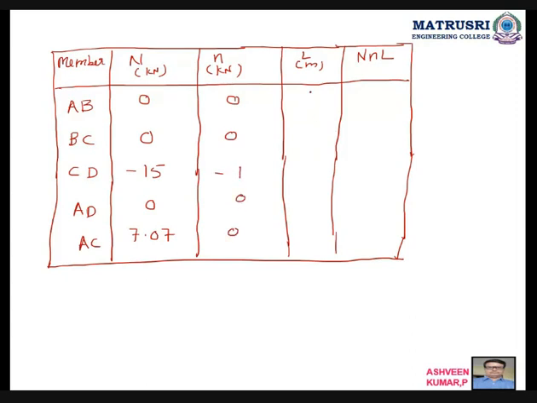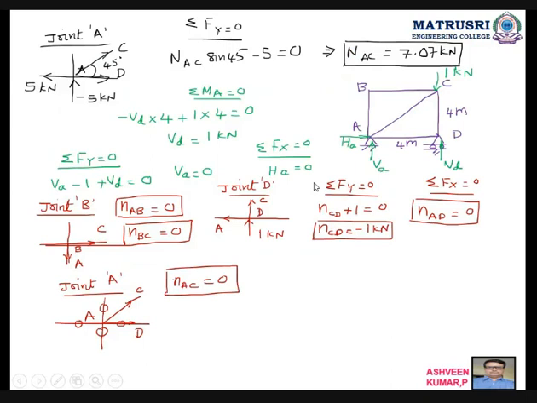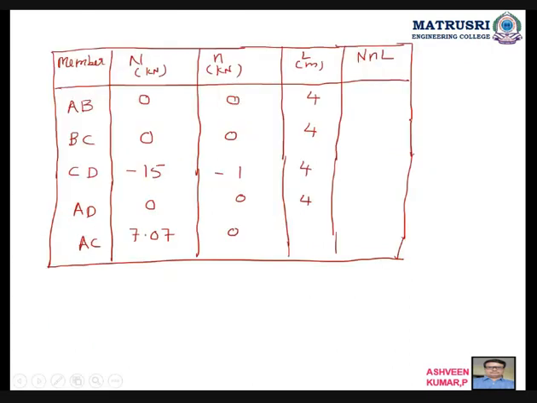The length, what are the lengths here? 4, 4, 4, 4. How will AC be here? Pythagoras theorem, root of 4 square plus 4 square, that is 5.66. What will we get here? 0, 0, 0 into 4, 0, 0 into 4, 0, minus 15 into minus 1 into 4, so 60.